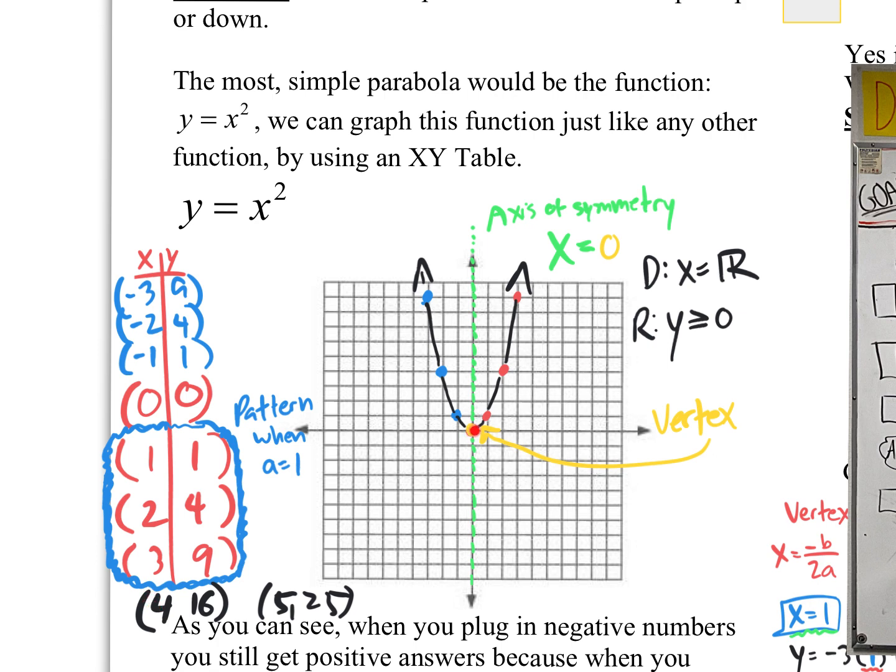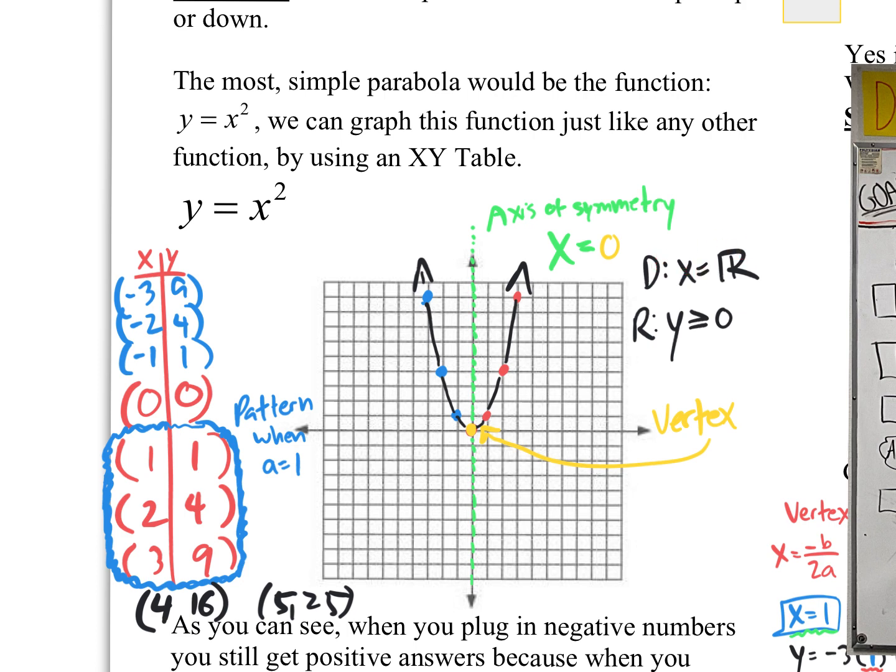So this graph does exist at (4, 16) or at (5, 25) or at (6, 36) or at 10, and 10 squared is 100, way off the graph. So this parabola does exist to the right and to the left forever. So the domain would be x equals all real numbers. That's one thing that we missed yesterday, right? So please go to that first one that we graphed, and go ahead and write down that the domain is x equals all real numbers.